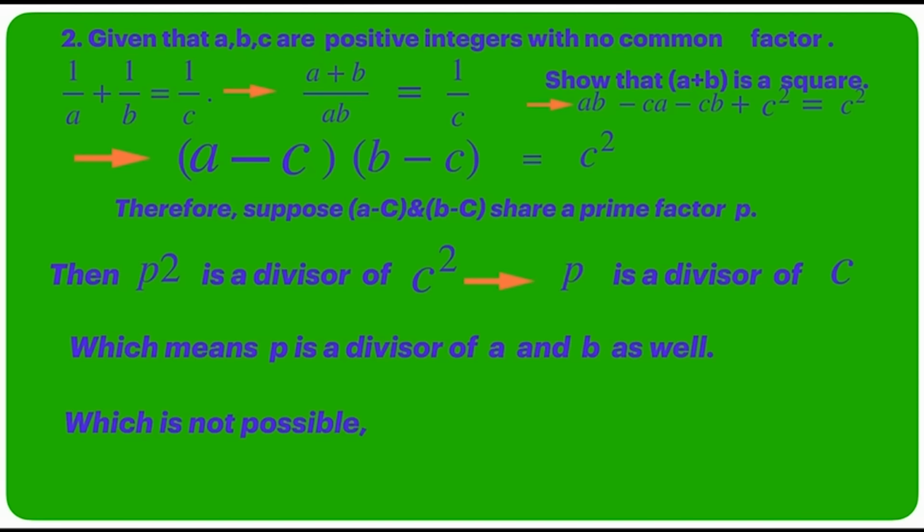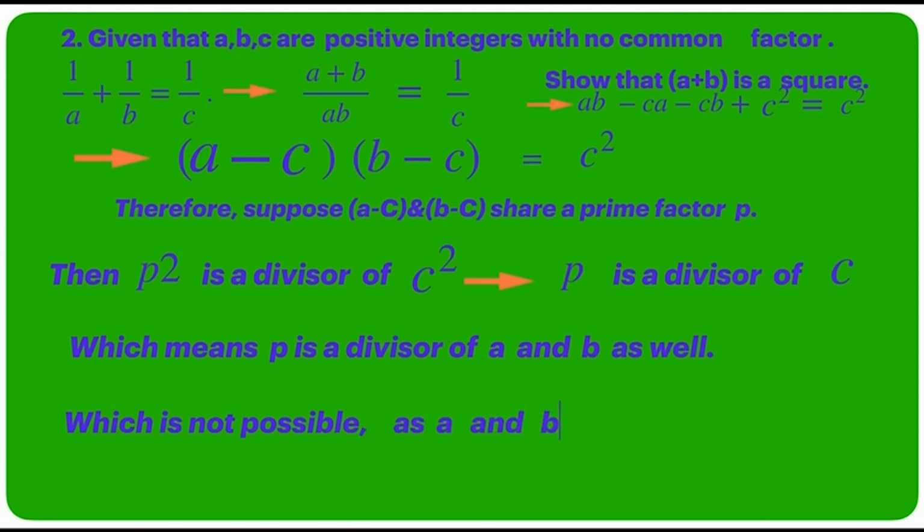But here we see that p is a common divisor of a, b, c, so it is contradictory. Therefore it is possible only if a - c and b - c are coprime, isn't it? So we have to take a - c and b - c as coprime factors.